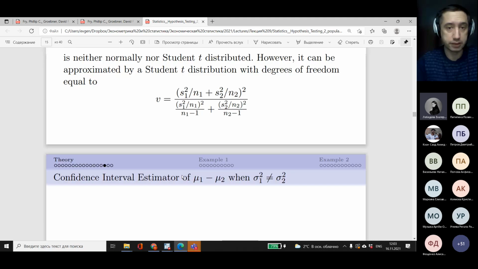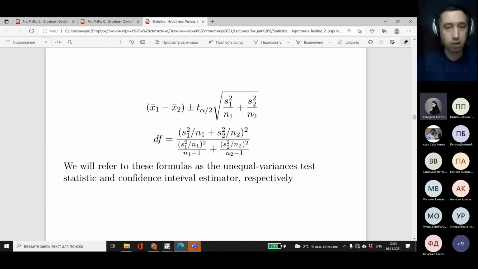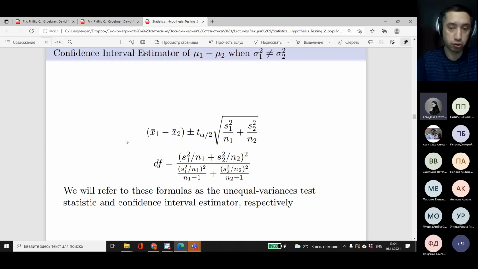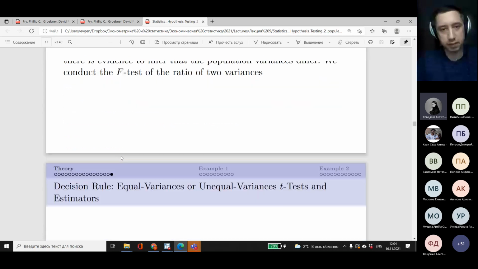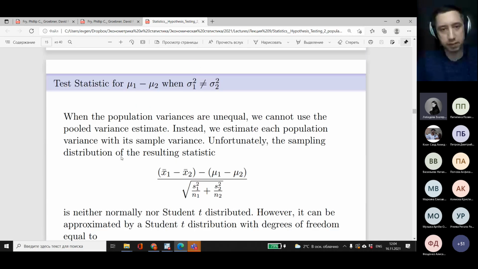Once we calculate degrees of freedom, we can easily find the rejection region and conduct the t-test itself. Here we can find an example.